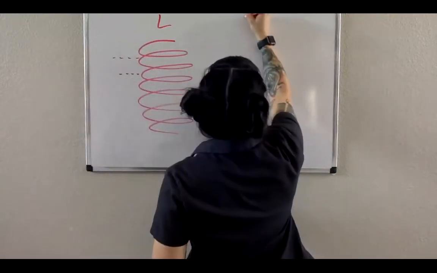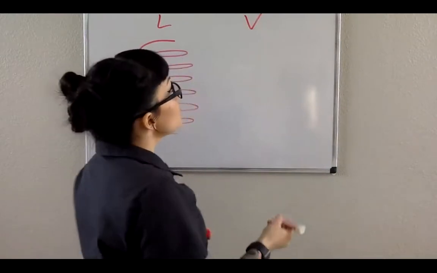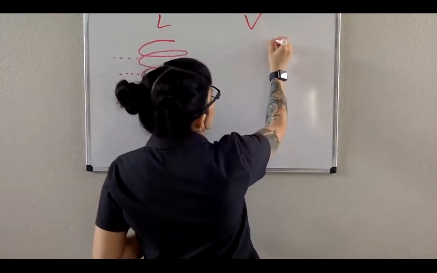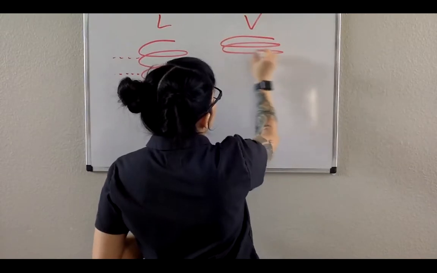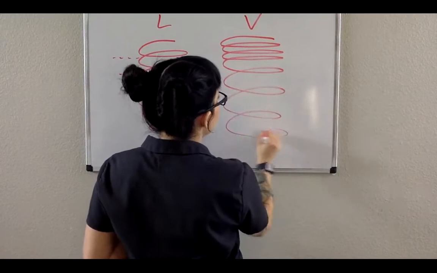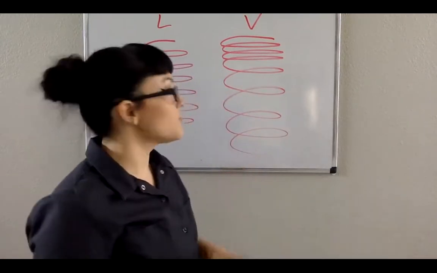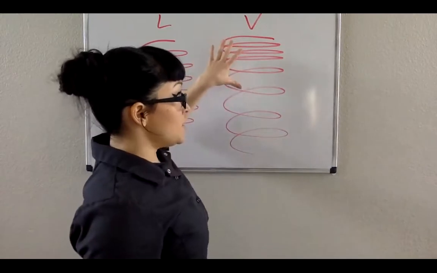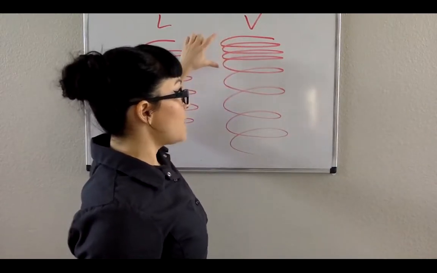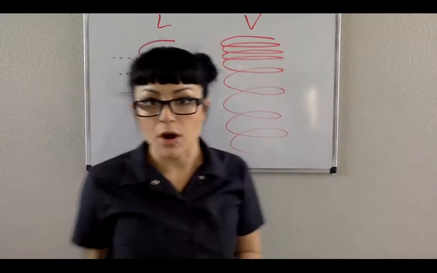Now, a variable rate spring is going to be a little bit different. A variable rate spring, and I'm just going to draw one example here, will generally look different from top to bottom. A variable rate spring will have a different rate depending on how much load you put on it.